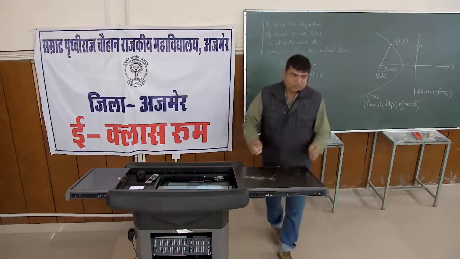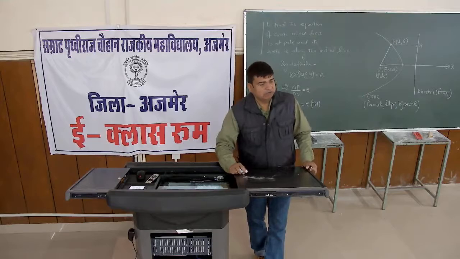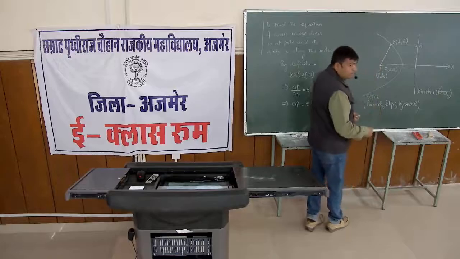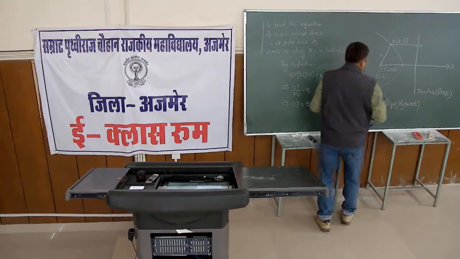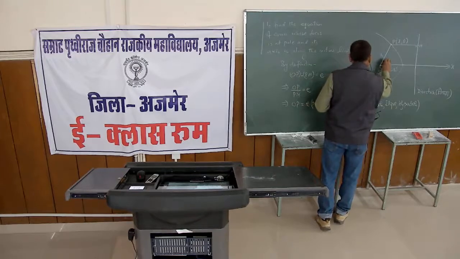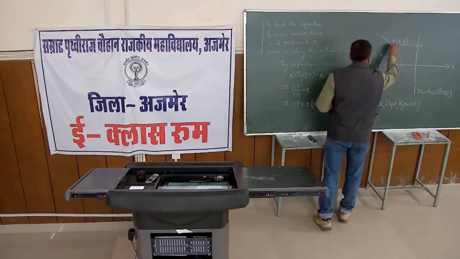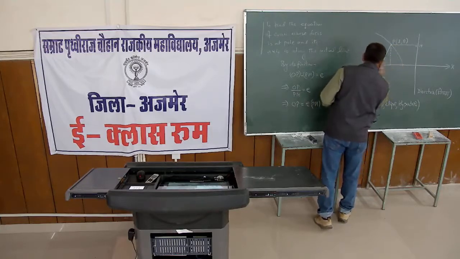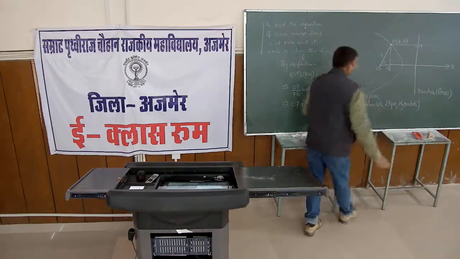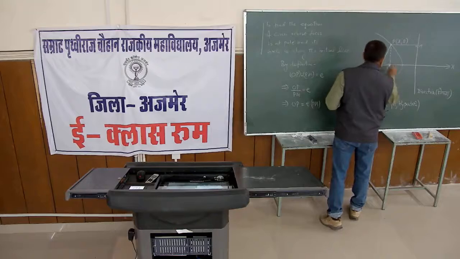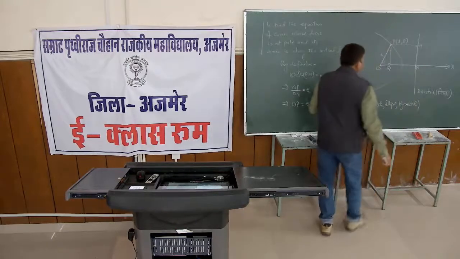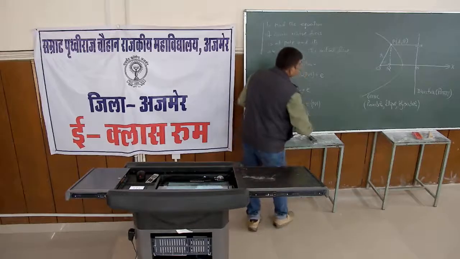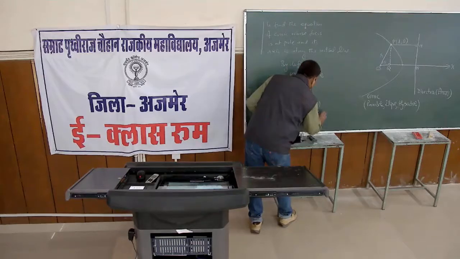Coordinates of P in polar coordinates are r comma theta. Which one is r? OP. This is r, and this angle is theta. Let us drop the perpendicular from P on the initial line. Let us suppose this point is Q, and suppose this is N. Then OP equals e times PM, so it is e times QN according to the figure.